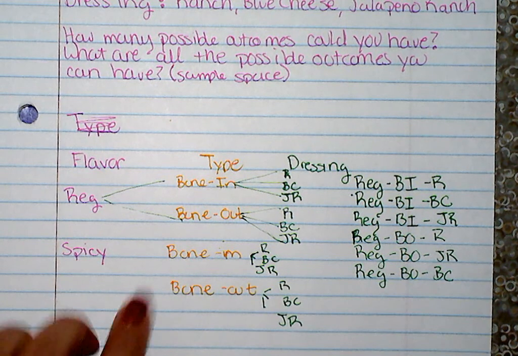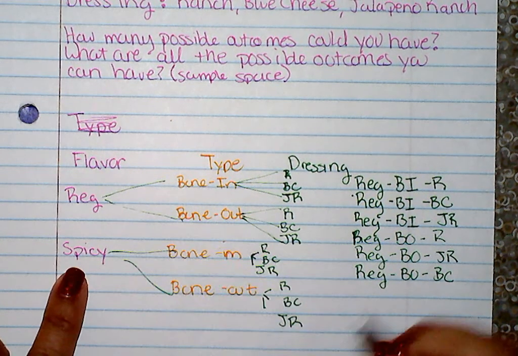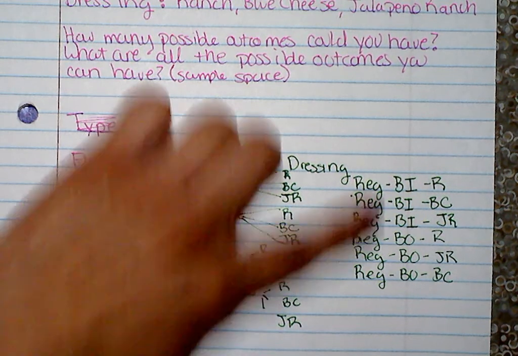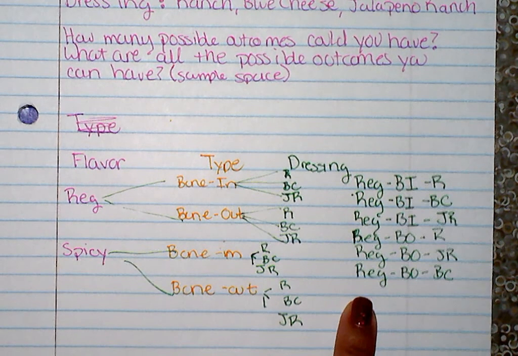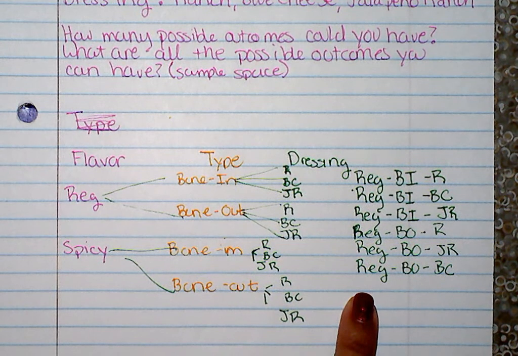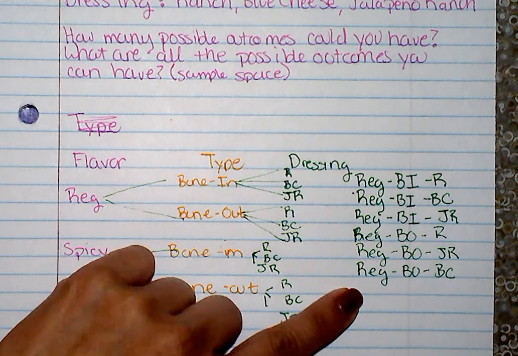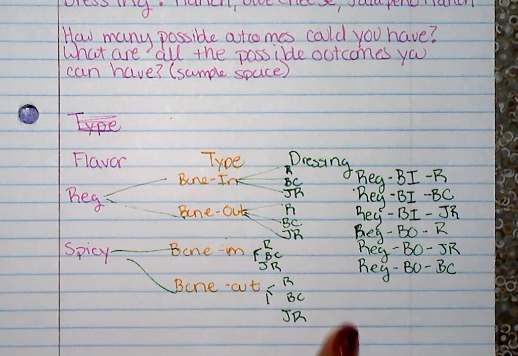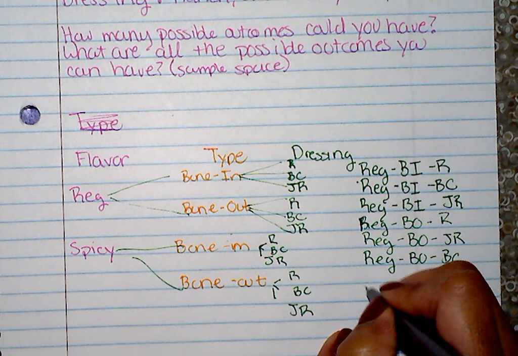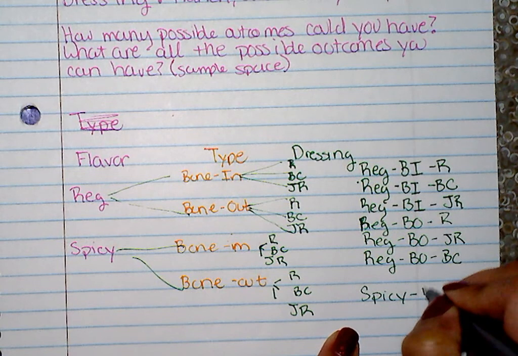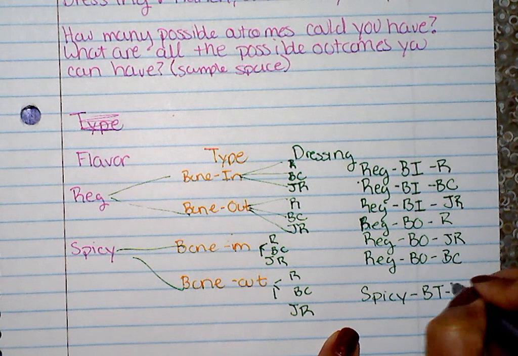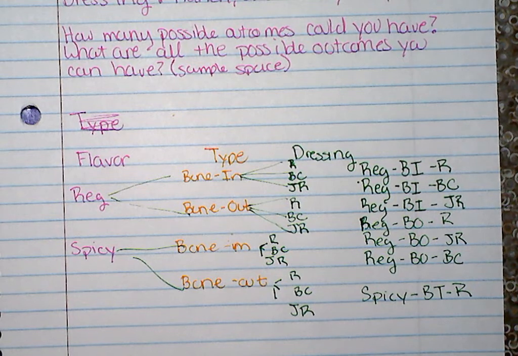So I'm going to have the same amount of options or possible outcomes, except this is all going to be spicy. So let's see if you can list it out. The first one is going to be spicy, bone in with ranch, and I want you to see if you can keep going.